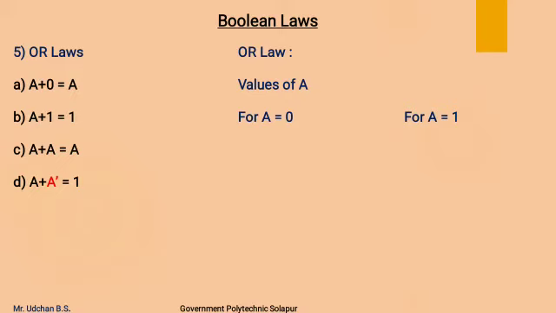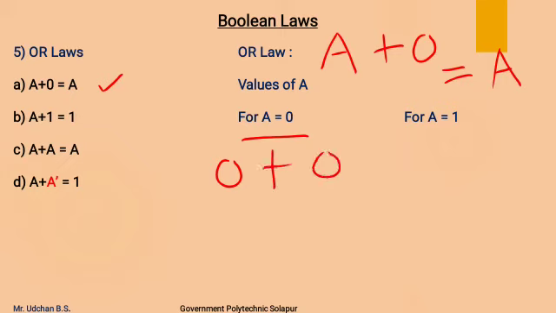First OR law is a or 0 will give you a. We will see how it can be proved by considering values of a. For a equal to 0, put the value of a in this equation again. 0 ORed with 0 will give you 0, which is nothing but the value of a.